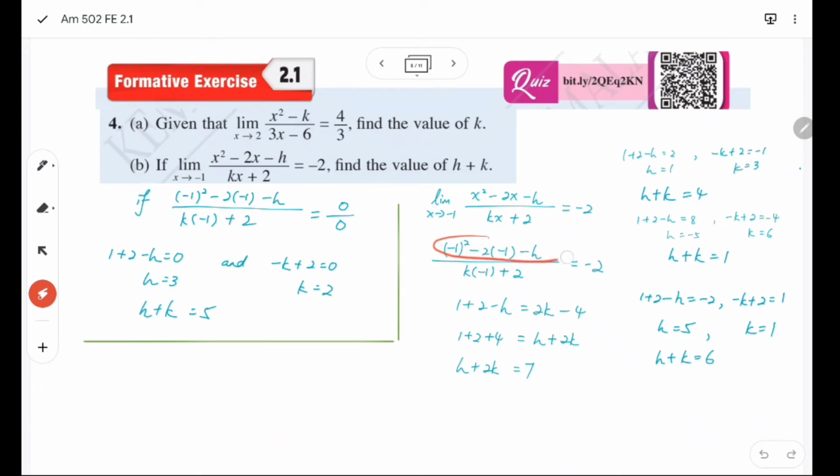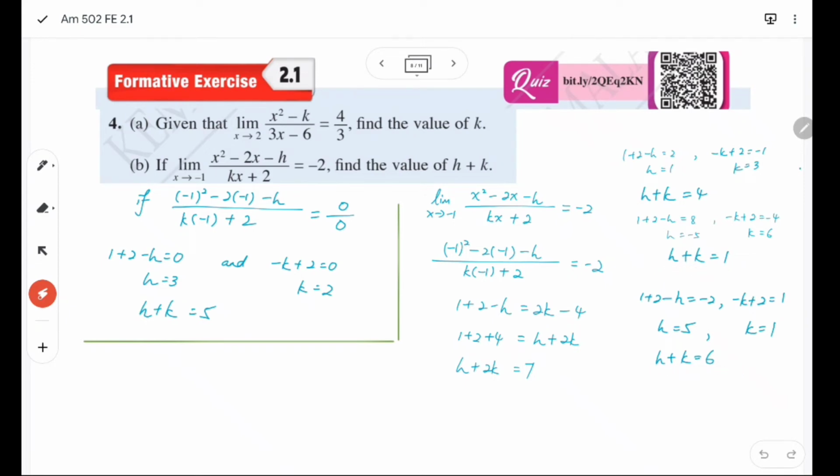Or I can get 8 divided by negative 4: the numerator equals 8, the denominator equals negative 4. Then we get h plus 1 equals k, and so on. We have so many cases, so many different answers.